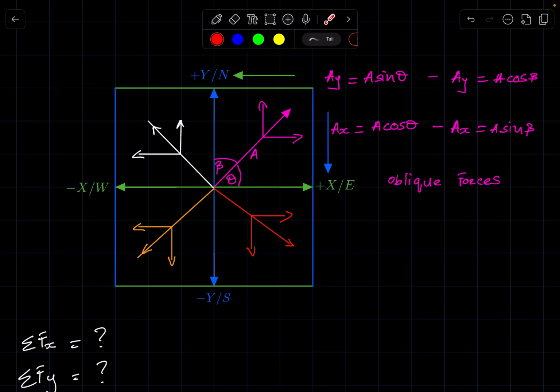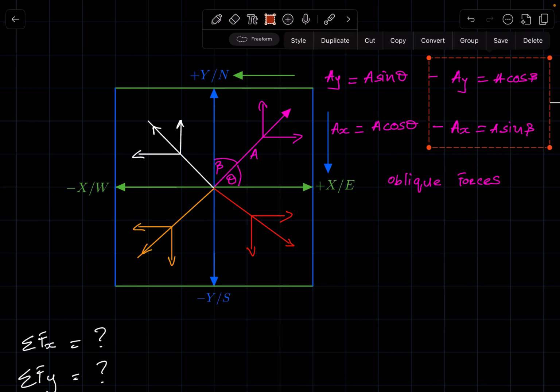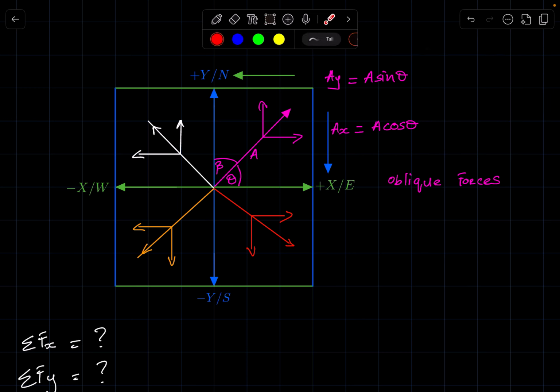So if I were to suggest here, I would say that rather stick with referencing your angles from the x-axis.